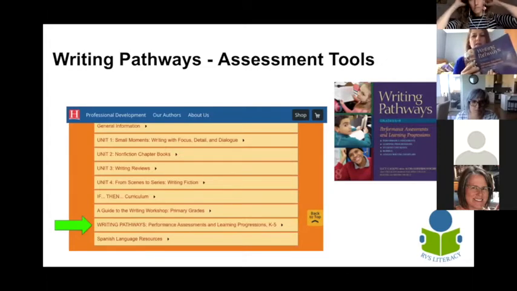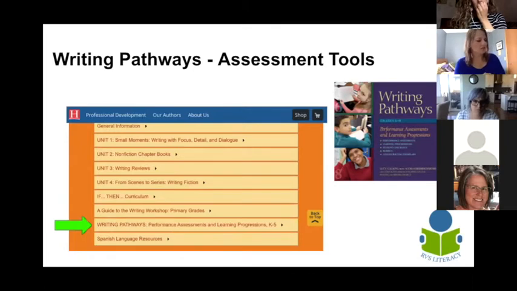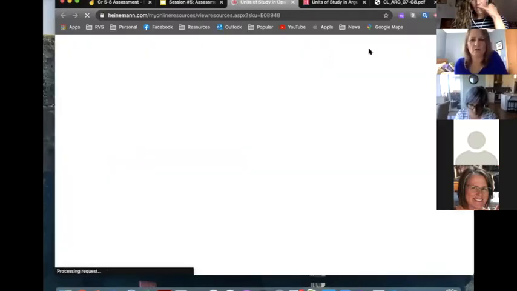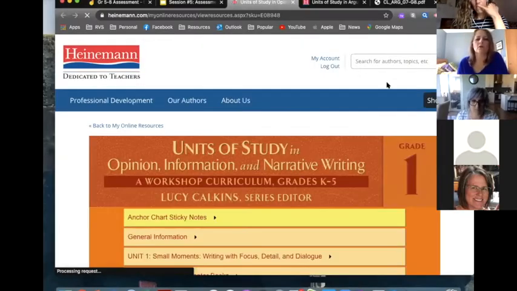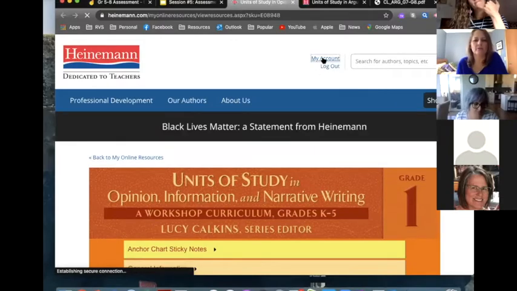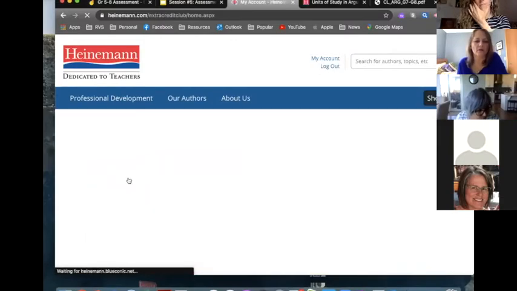So that's the beginning piece of this. And then it has all of the checklists, rubrics, student samples, those sorts of things in it. The real power, however, is once we've registered our resource, then we're going to go into our account. So I'm going to go into my online resources.